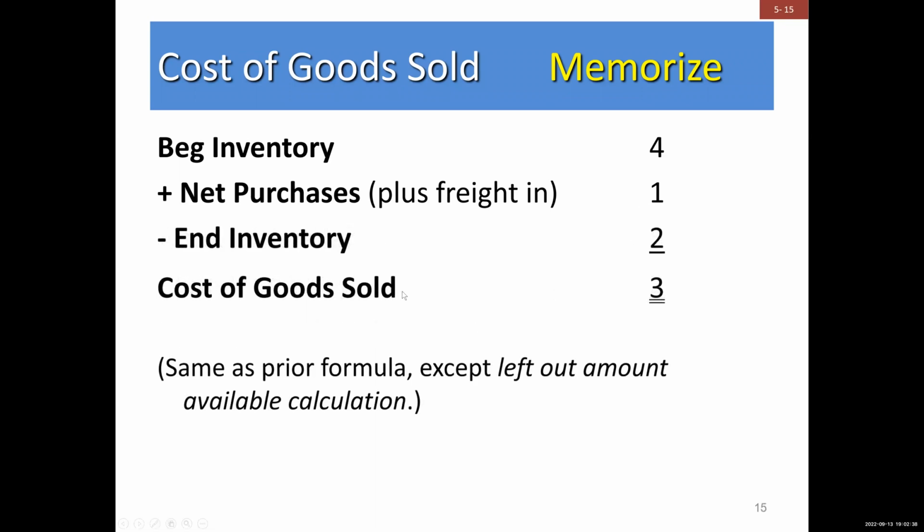You can do the same thing by taking out that amount available. Just go beginning inventory plus purchases minus ending inventory is cost of goods sold. All right, so that gives you kind of a background. If you guys memorize that, then when you do your homework, it's going to make more sense. You can hang on to things.